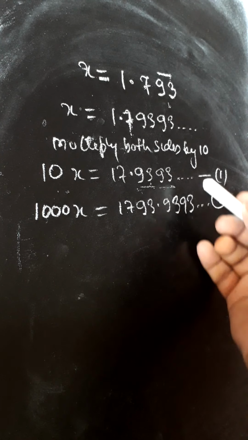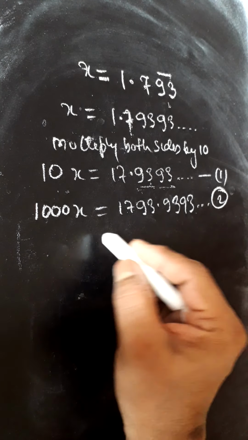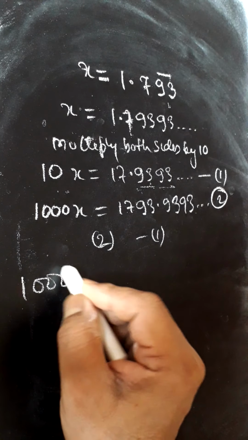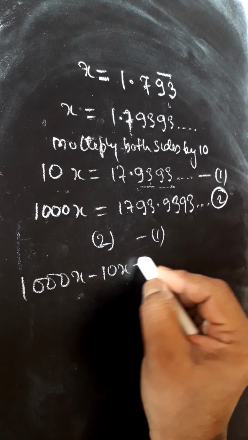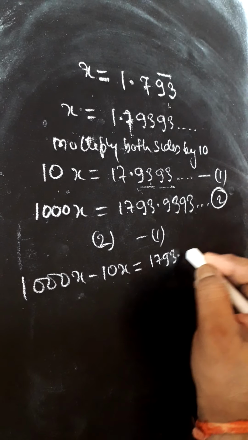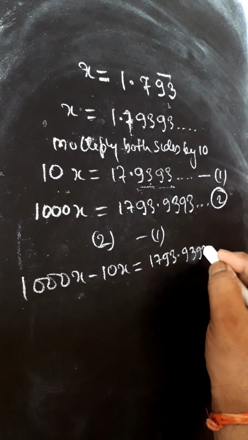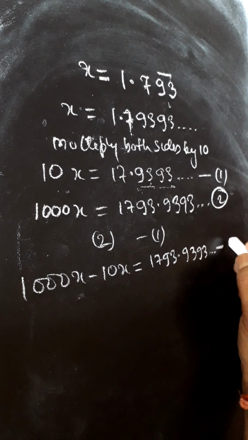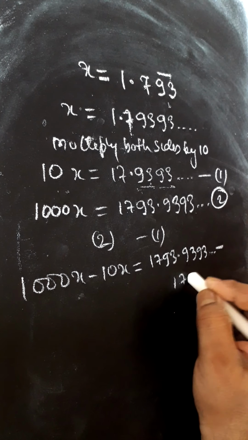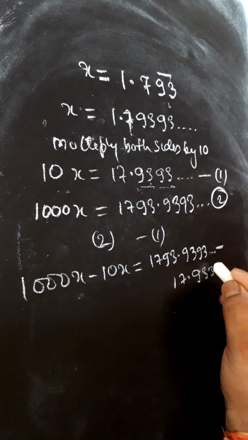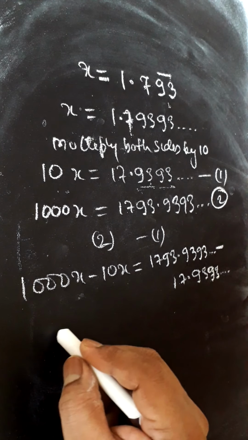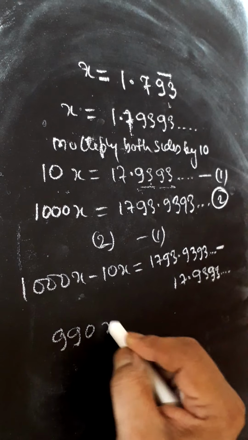Now we will subtract equation 1 from equation 2. 1000x minus 10x, this will become 1793.9393 minus 17.9393 and so on. 1000 minus 10 we get 990x.